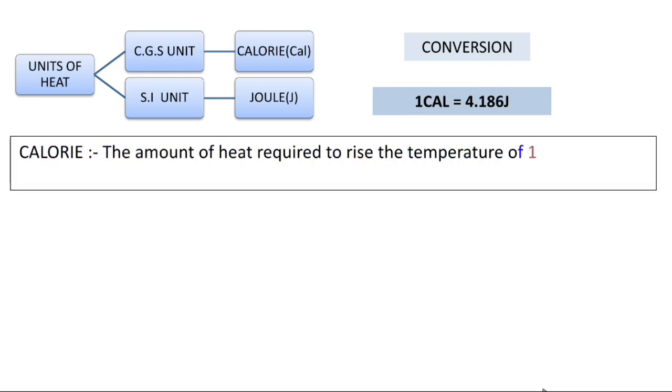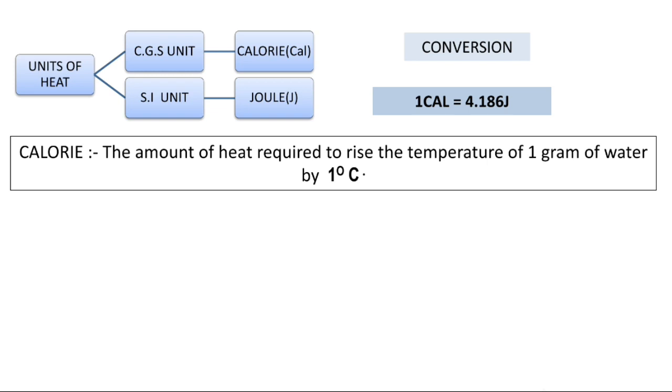A calorie is the amount of heat required to raise the temperature of 1 gram of water by 1 degree Celsius. It means you have to take 1 gram of water and heat it. Let us consider the temperature of that water is 30 degrees Celsius and you have to heat the water till it reaches 31 degrees Celsius.